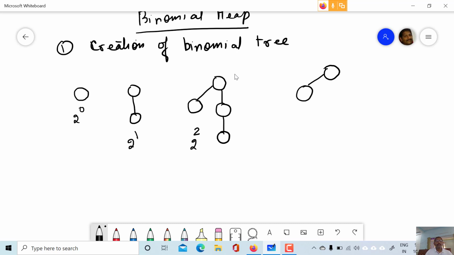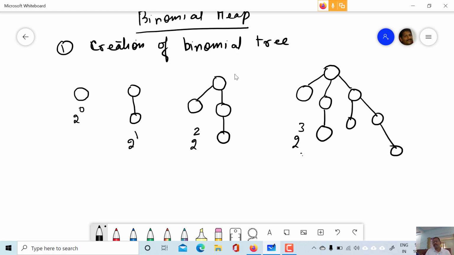So this node will be there, after that this node, so 1 and 2, and after that this node. This binomial tree has 2 to the power 3 nodes. If you count 1, 2, 3, 4, 5, 6, 7 and 8, that means 2 to the power 3.